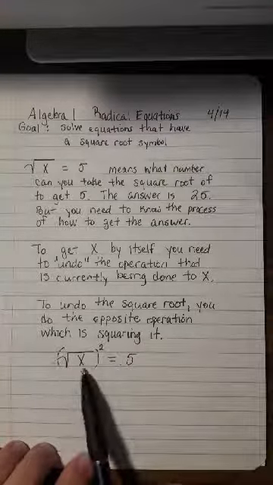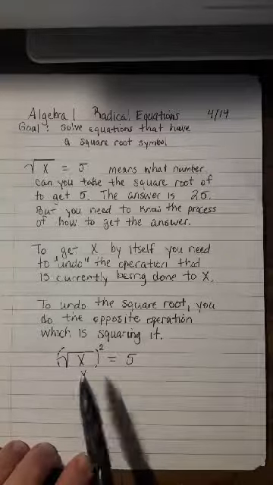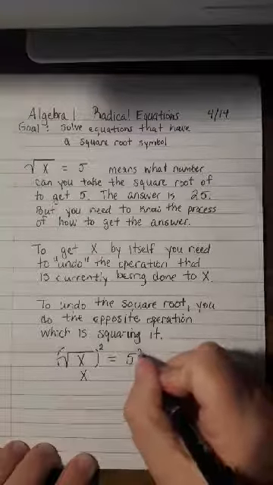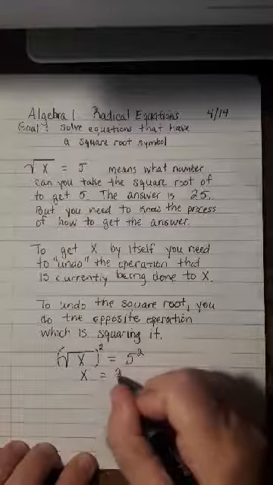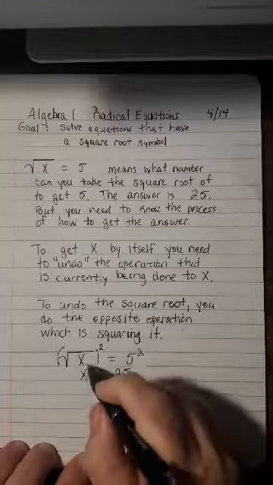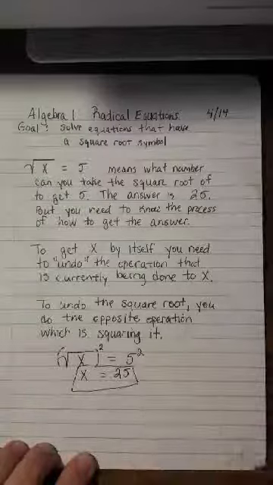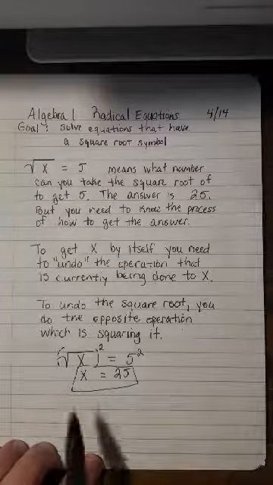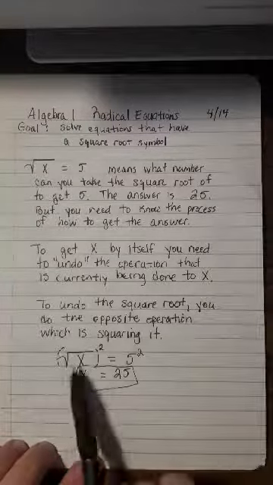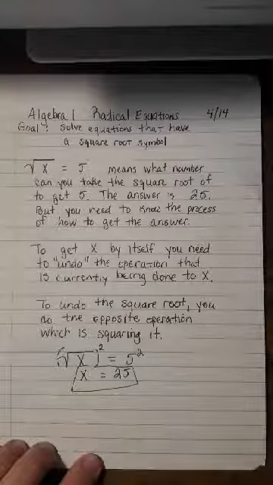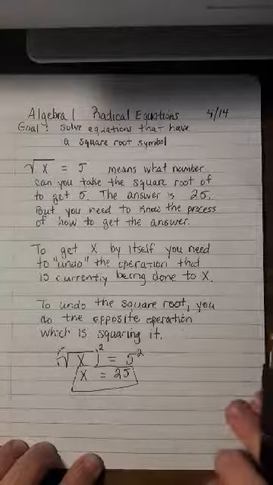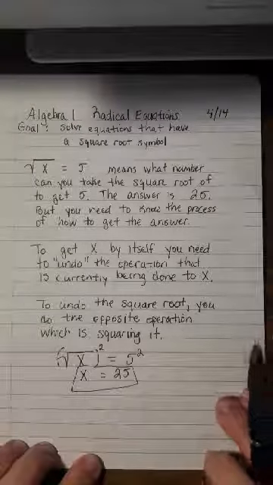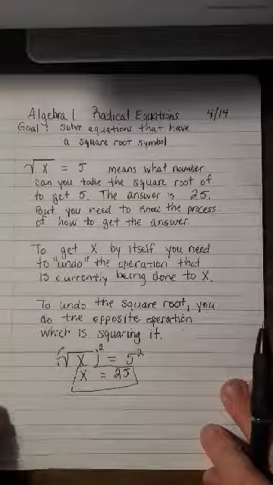So we have to square this left side, which means we've got to square the right side. And when you square 5, you get 25, and that is your answer. So that is the process of what we're going to be doing today, basically. You square both sides to get that x by itself. Now there's going to be a little bit more work involved depending on how the problem starts out, but that's the whole idea of what we're going to be doing.